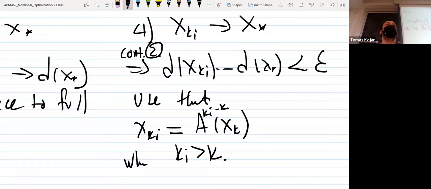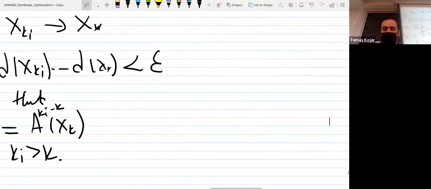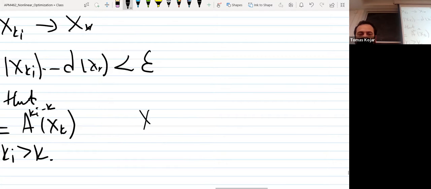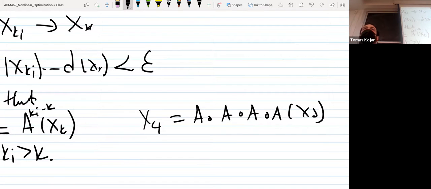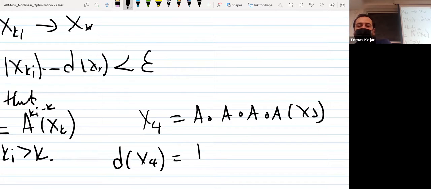Do you understand at least this final step? This power just means composition. All they're trying to tell you is x_4 is equal to a composed with a, composed with a, composed with a of x_0. So we have that d of x_4 is equal to d of a to the 4 of x_0.